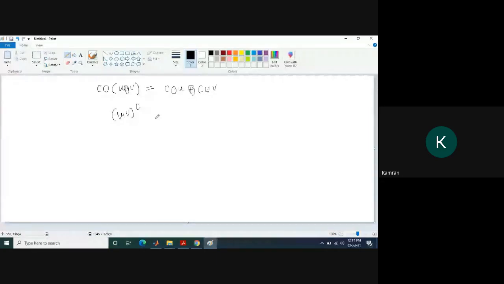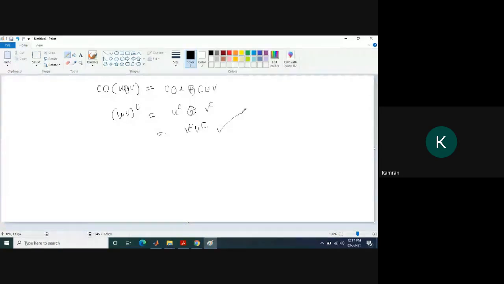And c dot u is u power c, and c dot v is v power c. So u power c plus v power c is equal to u power c times v power c. We know that in real numbers (uv) power c is equal to u power c times v power c. So it is satisfied.